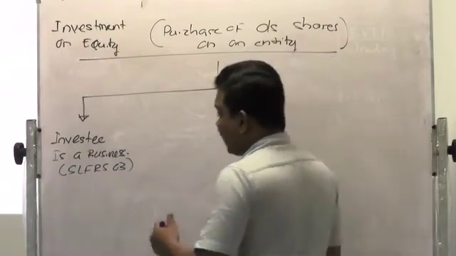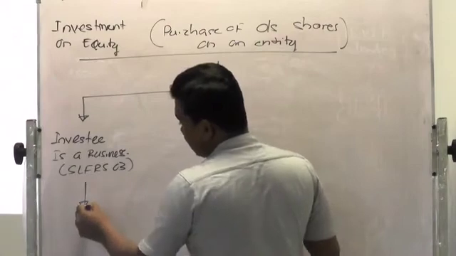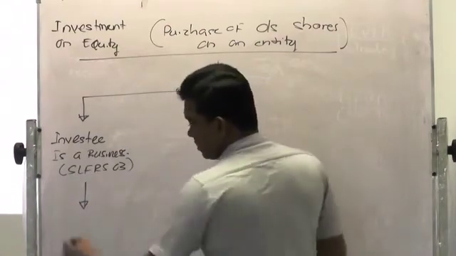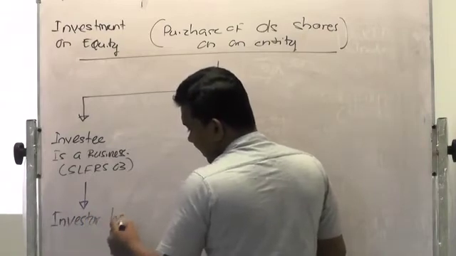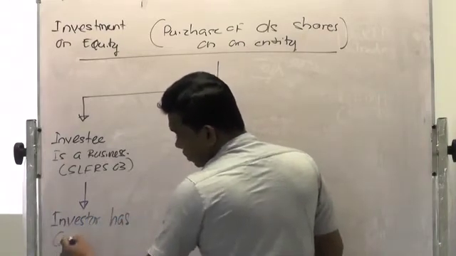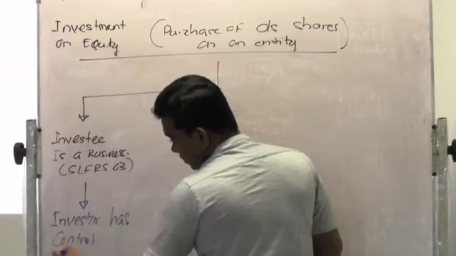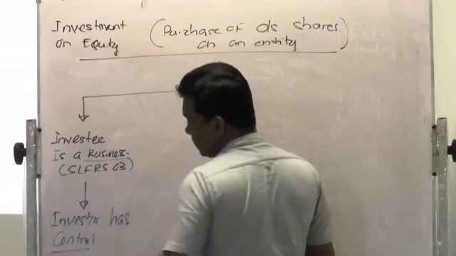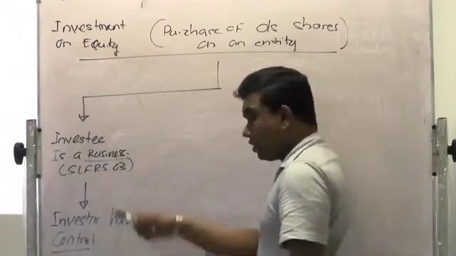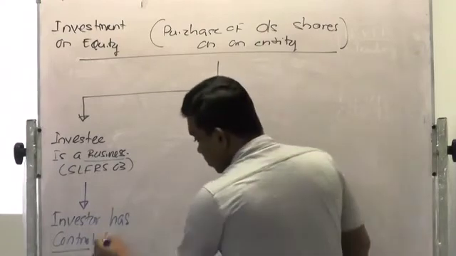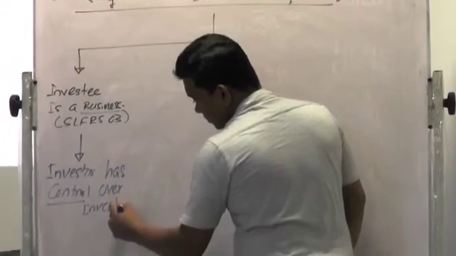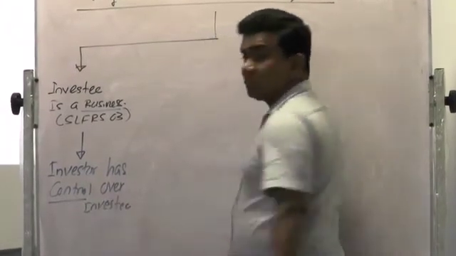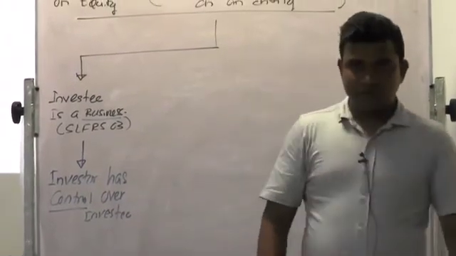Then, thereafter, see whether the investor has control. This is the other word. Number one, whether it's a business. Number two, the investor has control over the investee.